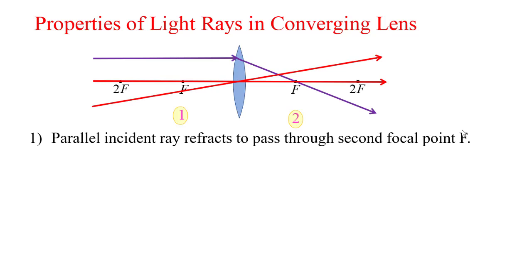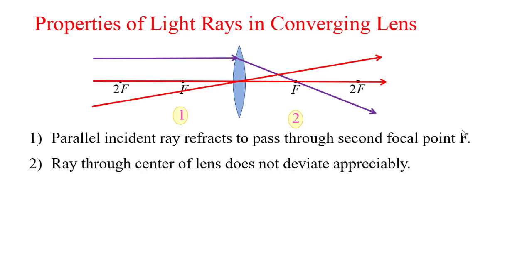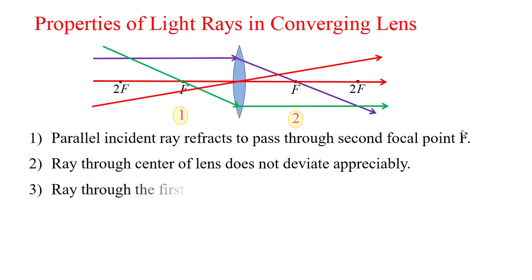Secondly, any ray passing through the center of the lens does not deviate appreciably. They almost pass straight unrefracted. Thirdly, a ray which is heading through the first focal point F emerges parallel to the central axis, which is the principal axis.